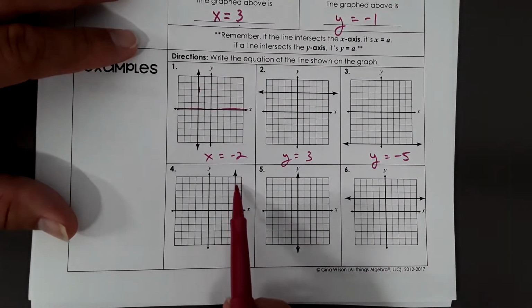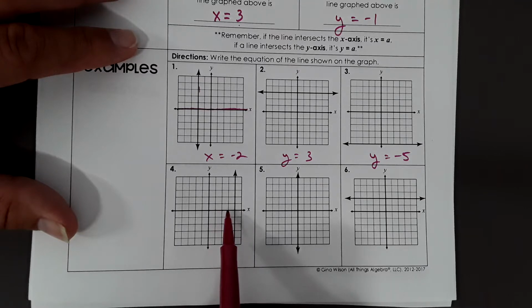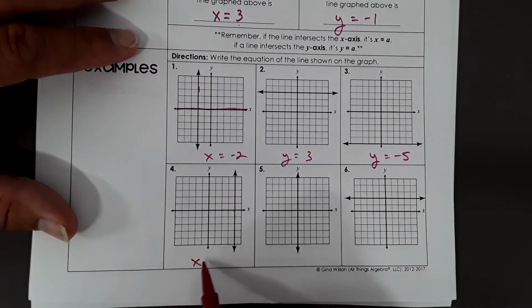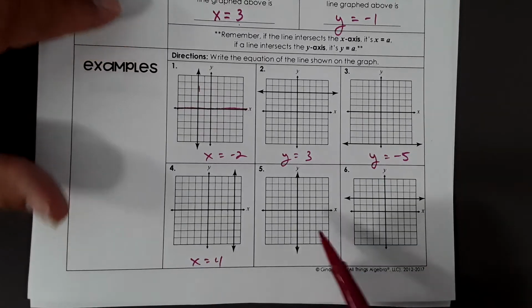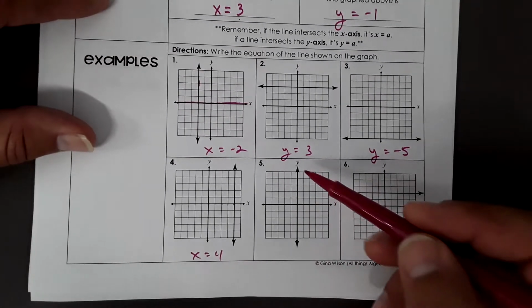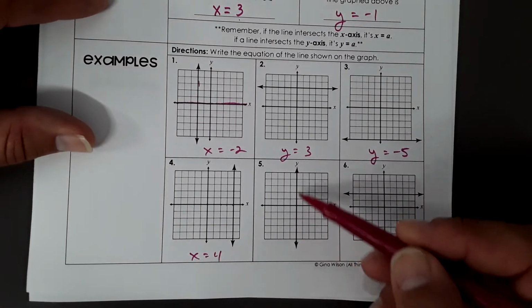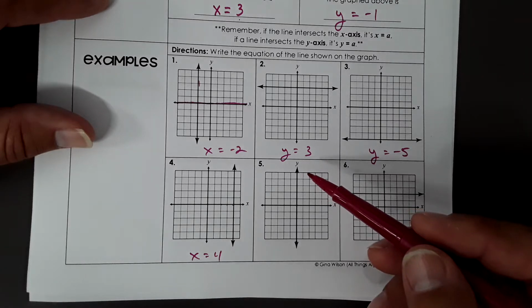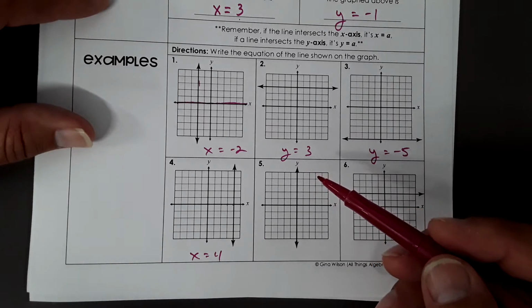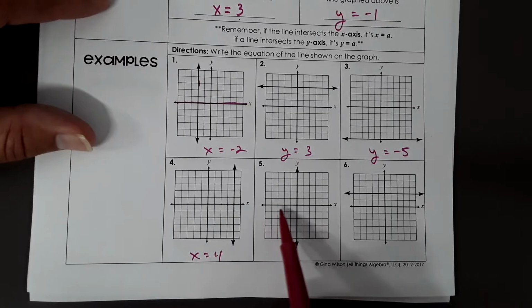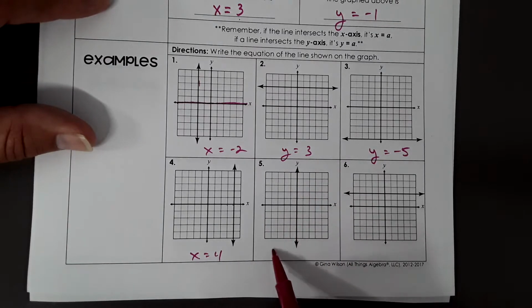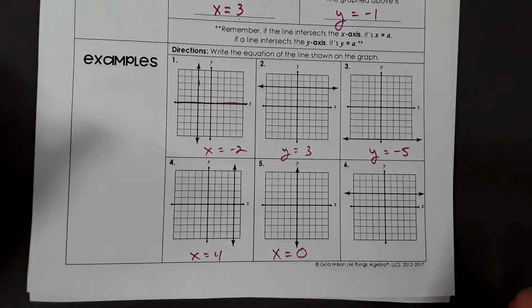This one crosses over the x-axis at 1, 2, 3, 4. It crosses over the x-axis at 4. This is a tricky one. This line is the y-axis. But which axis does it cross over? It crosses over the x-axis right here at the origin, which is 0.